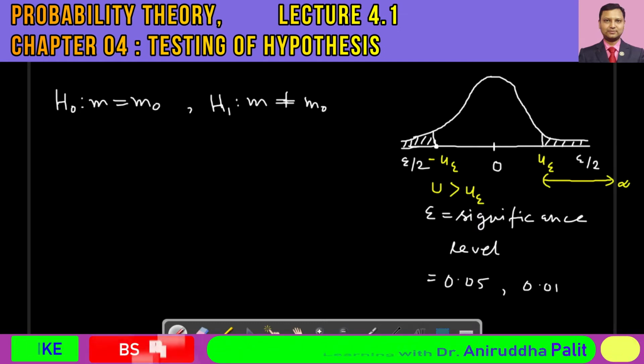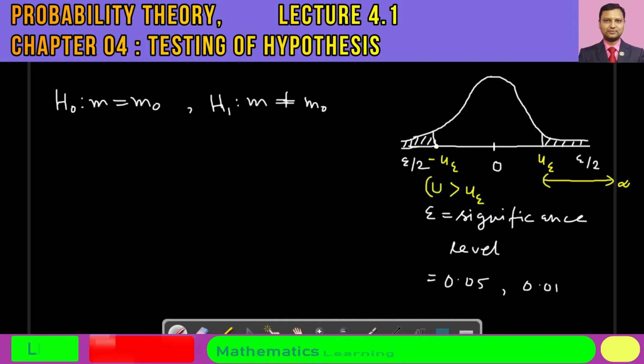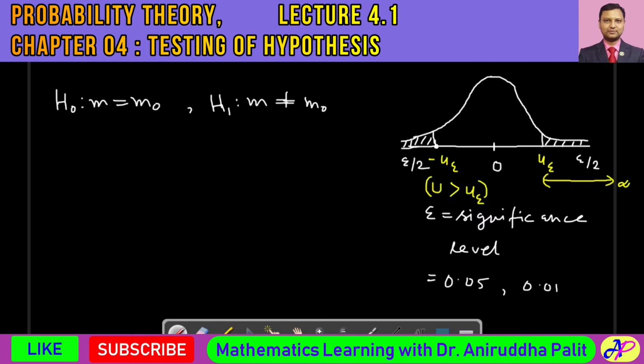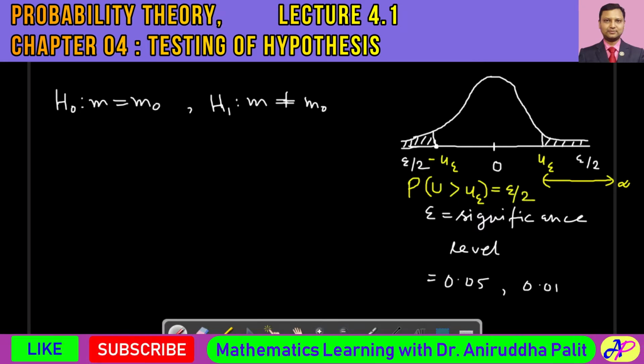That is the event given by the inequality u greater than u epsilon, and its probability would be equal to epsilon by 2.